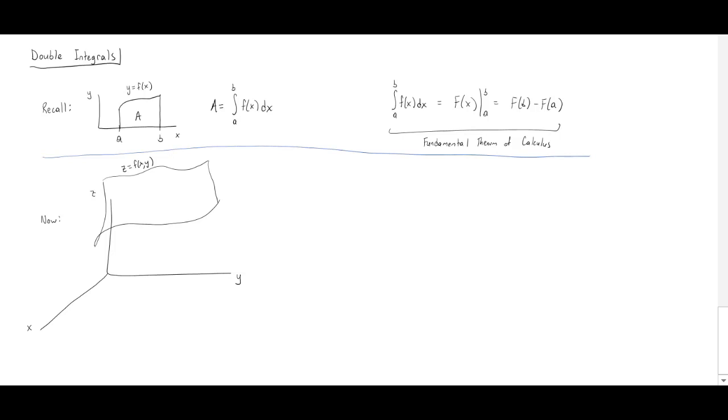And then let's say it has some region here in the xy plane. I'm just going to call it D. Okay. And just as here I was interested in the area beneath the graph, here I'm interested in the volume beneath this graph, but above this region in the xy plane. Okay. So I'll try to draw sort of a picture of this.